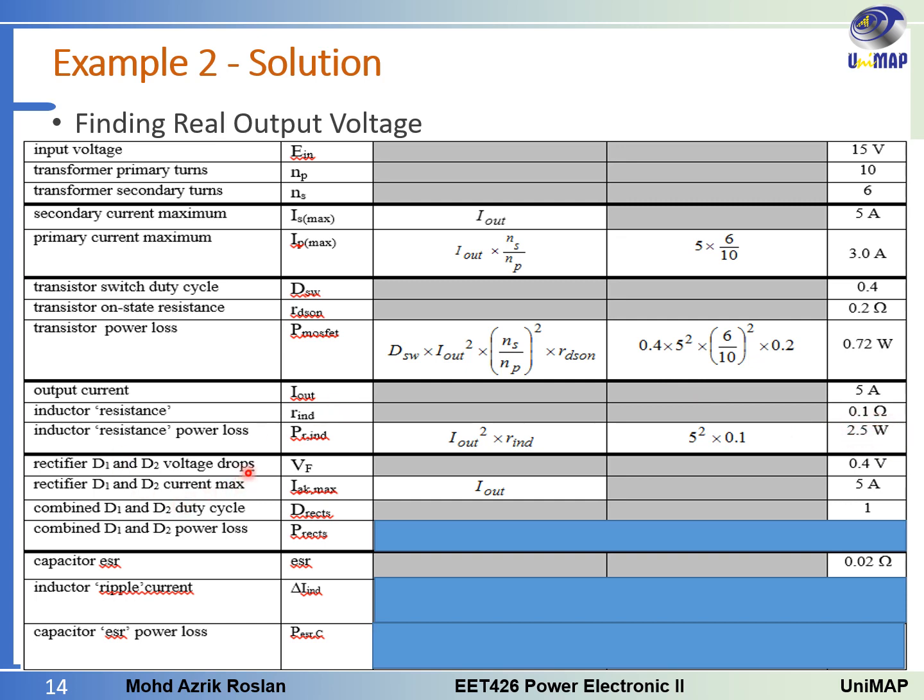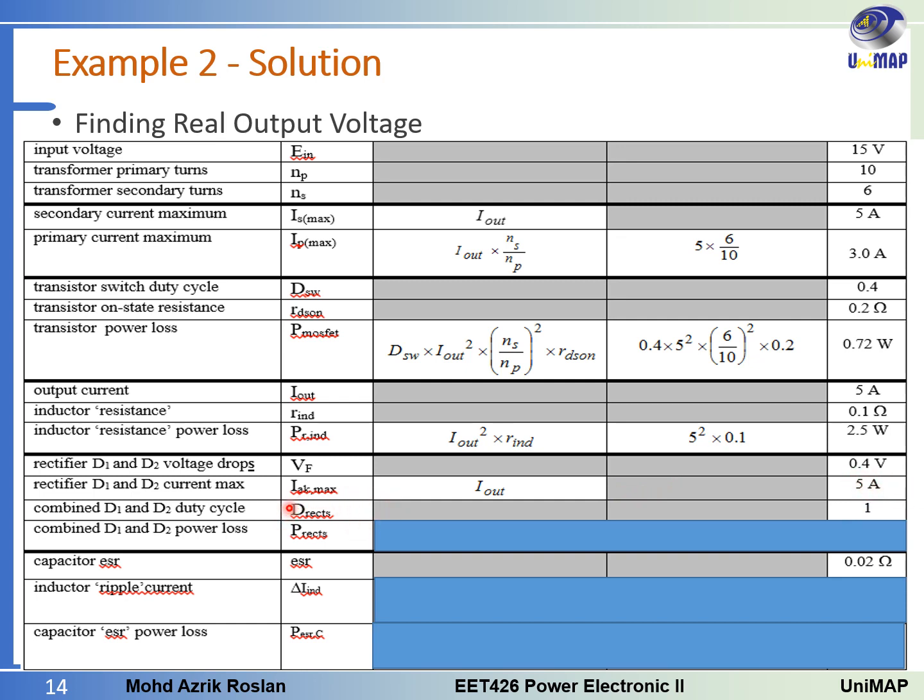Okay, and then we have the rectifier D1 and D2 voltage drop VF. So this value is given at 0.4 volt, and then the maximum current, because both are conducting at the output side, so the maximum current that occurs is 5 ampere, the same as the output current.